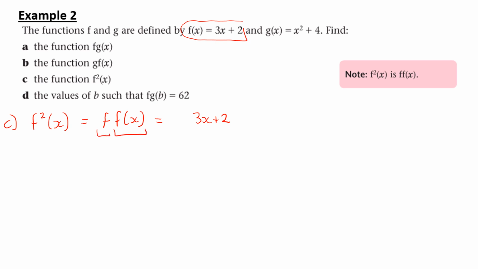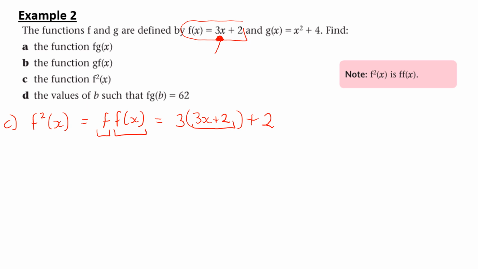Now I need to perform function f again, which means that I need to substitute this into function f. So thinking about what function f does, it says whatever you put in, you times it by 3 and then you add 2. So hopefully you can see there that function f has been performed twice.